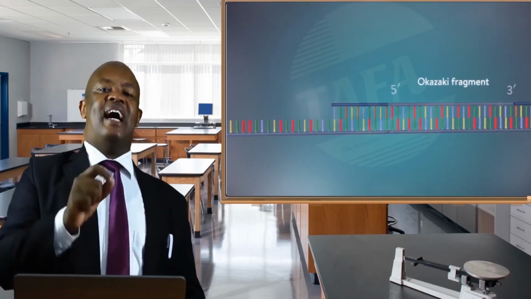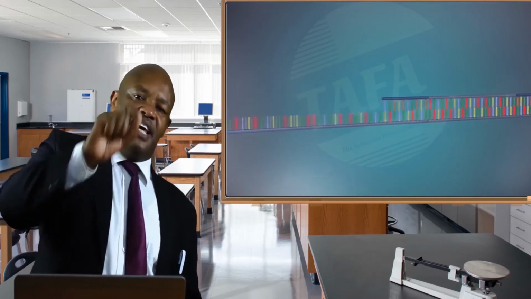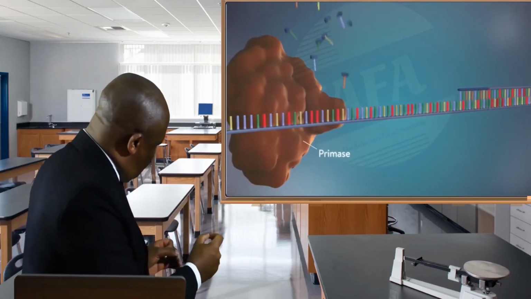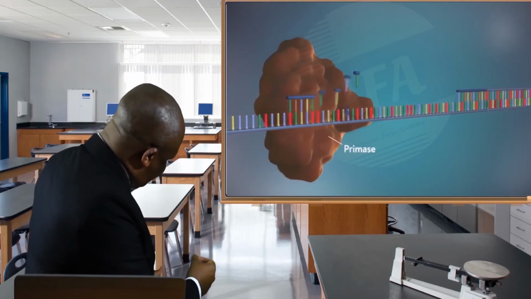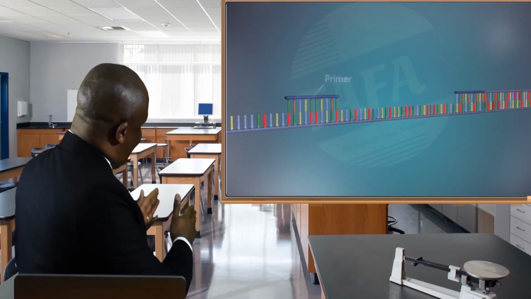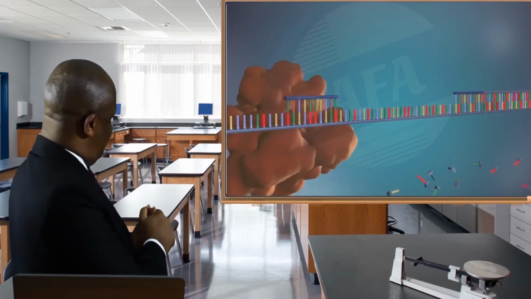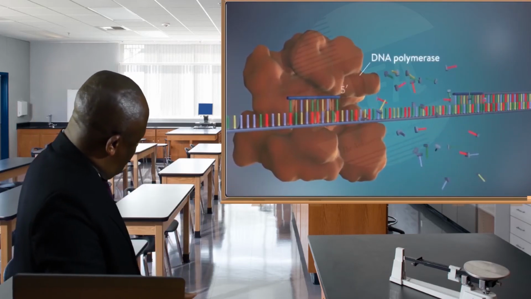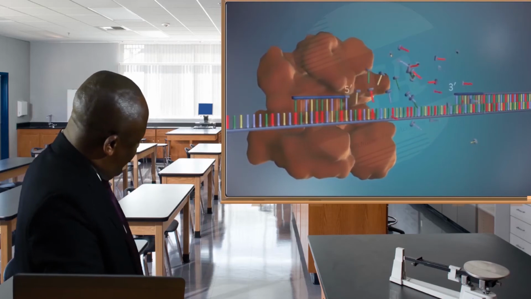Remember, a nucleotide has a base attached to it, and that base will come and look for the complementary base along the strand. They will align themselves along the strand until a new strand is formed, as shown there on the board.